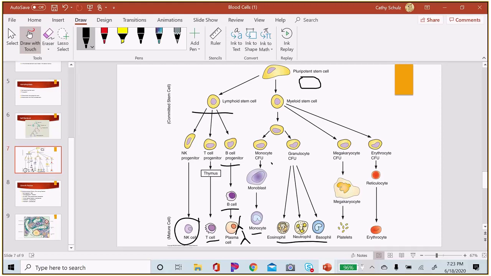Or it could become a megakaryocyte, which becomes platelets, which are just fragments of cells, or an erythrocyte progenitor, which will end up becoming a mature red blood cell. So how we decide what proportion of these cells are constantly being made ends up being related to the needs of the body.